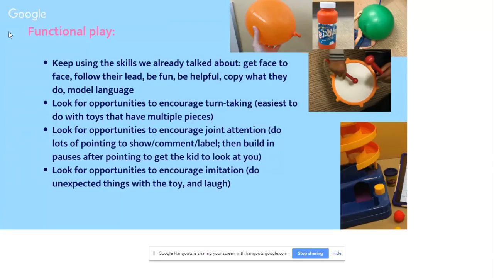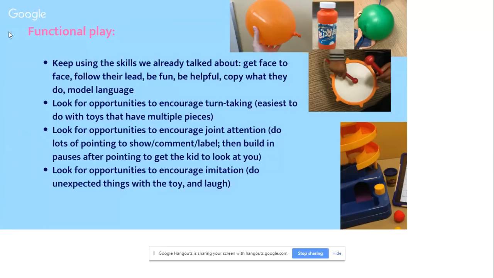That's really fun. And then you're also going to look at ways to encourage joint attention. You want them to be able to pay attention to the toy and to you, which is hard, right? There are a lot of ways to do that. Go look in those books if you want more details, but a really crucial thing to do is lots of pointing, and to use your super animated voice to show, to comment, to label.